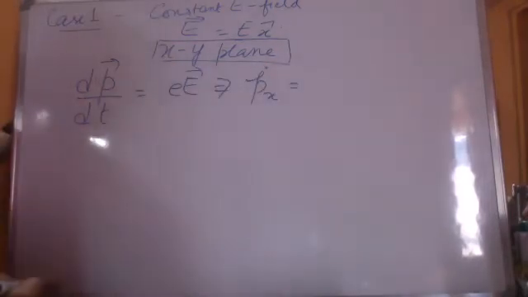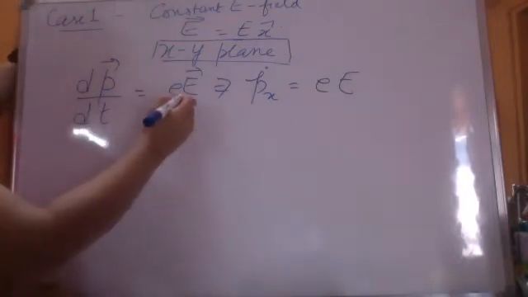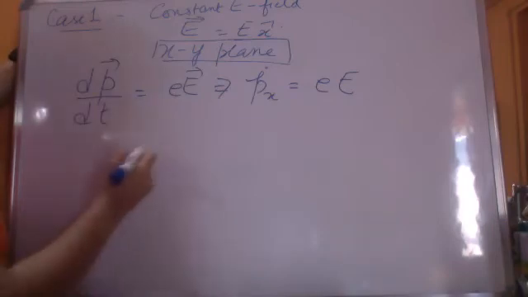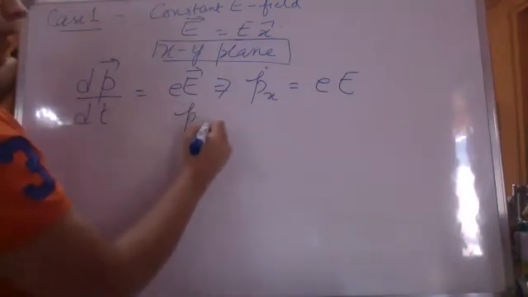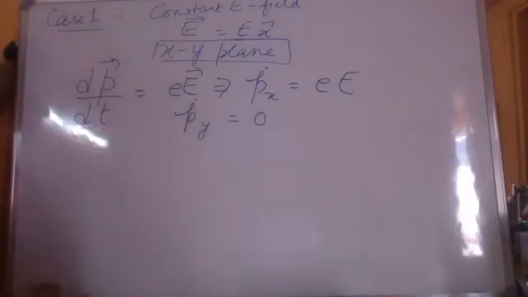If I take the x component of this vector equation, it gives me px dot equal to eE, because Ex is E, and it gives me py dot equal to 0, because I have chosen my electric field to be along the x direction.